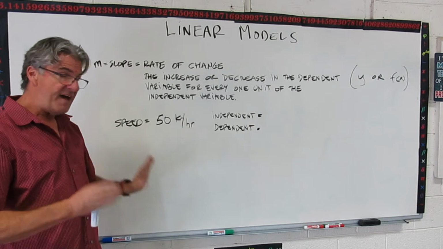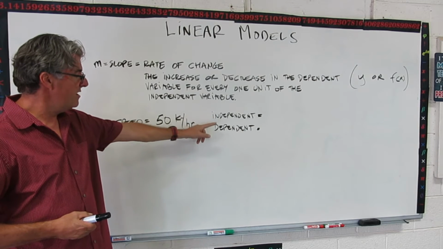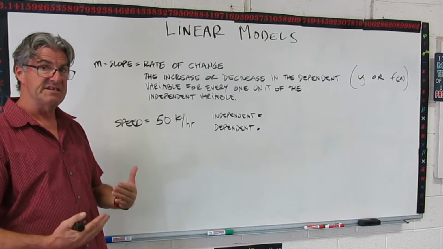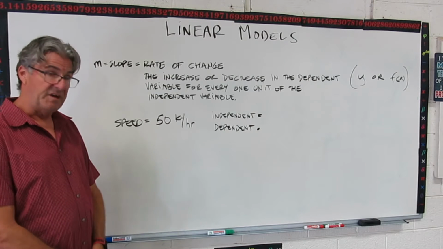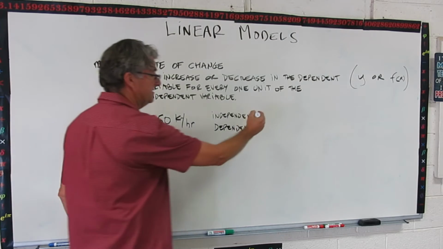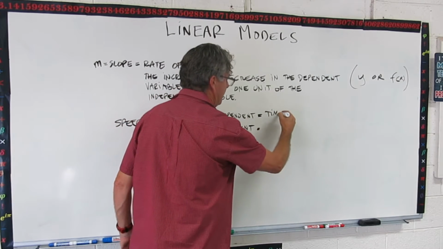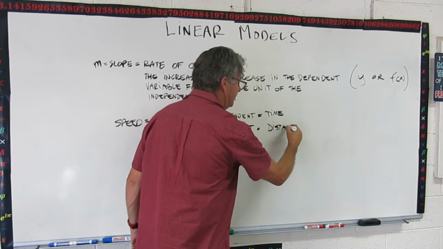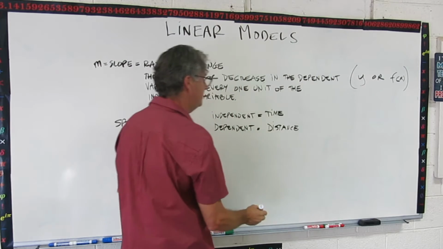So now think about that for a minute and tell me which one of these is independent and which one is dependent. We've got time and distance. Okay, so if you thought time was independent, you're correct. And so that means distance is the dependent variable.